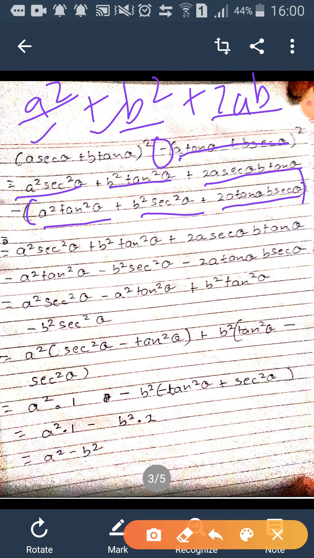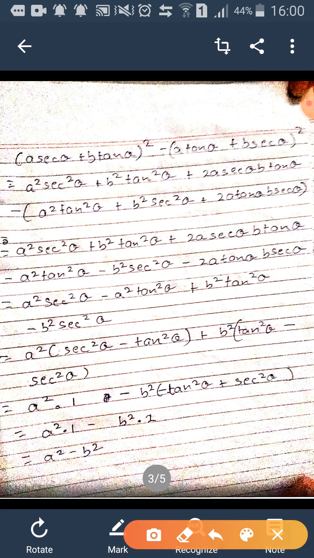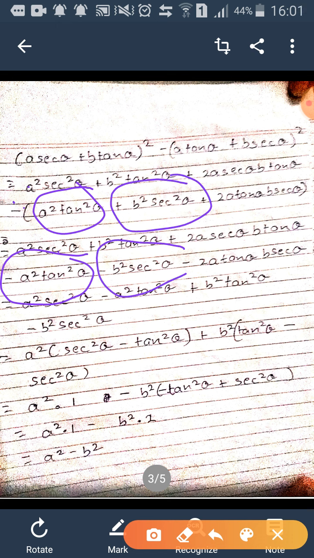So now I will open the bracket. Now this minus sign I will multiply with each and every one of these. Since I am multiplying the minus sign, it will become minus a square tan square theta. This plus b square sec square theta becomes minus b square sec square theta. This plus 2a tan theta into b sec theta becomes minus 2a tan theta into b sec theta.